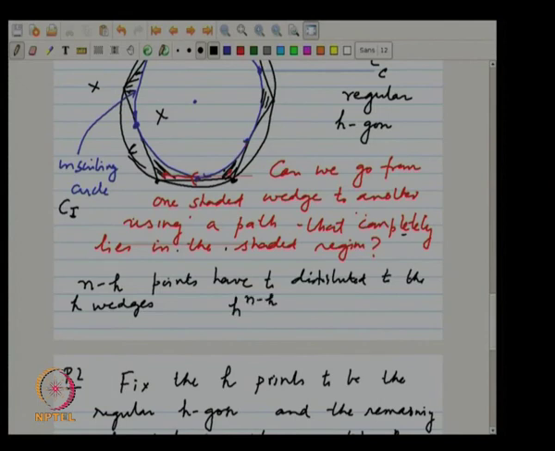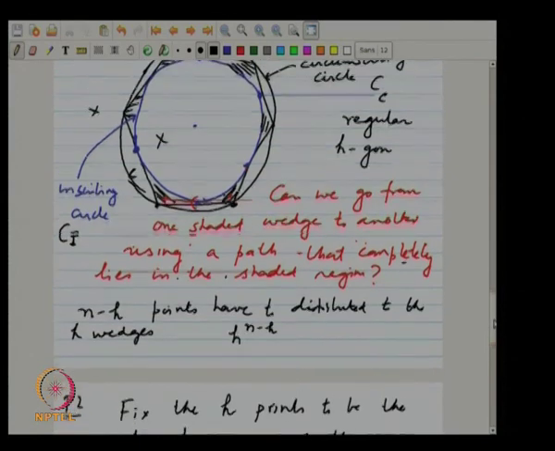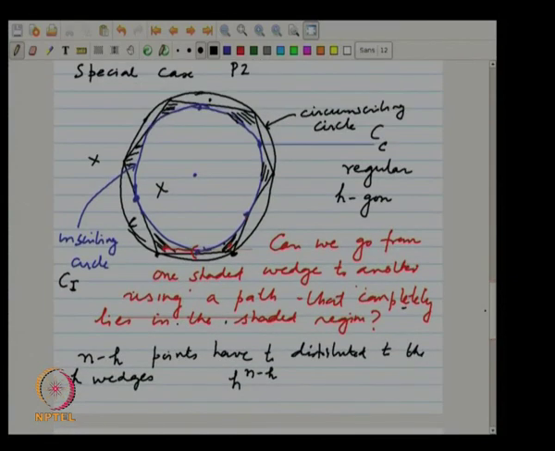Now, I claim that any two of these yes instances must be in different connected components of the solution space. The solution space is in a high dimensional space: we have n points, each point has 2 coordinates, so we are talking about R to the power 2n dimensional space. In that space, I am trying to visualize the connected components of the yes regions.